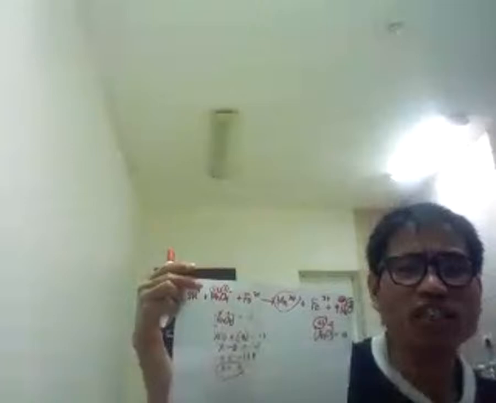Oxidation number is decreasing or reduced, arrow down. Okay, so this is reduction. Manganese is reduction, so I'm going to say manganese is being reduced in the reaction.